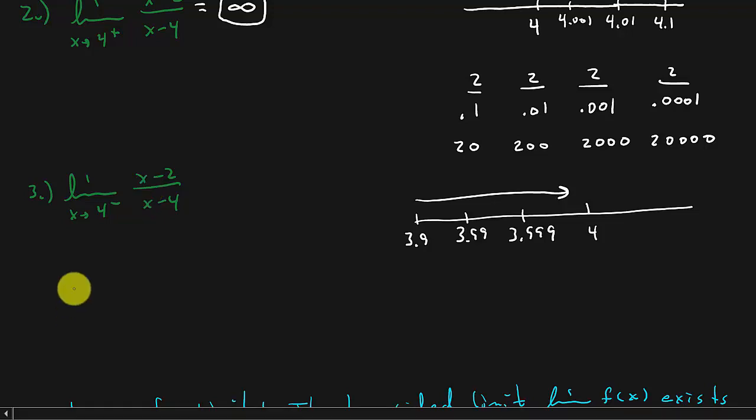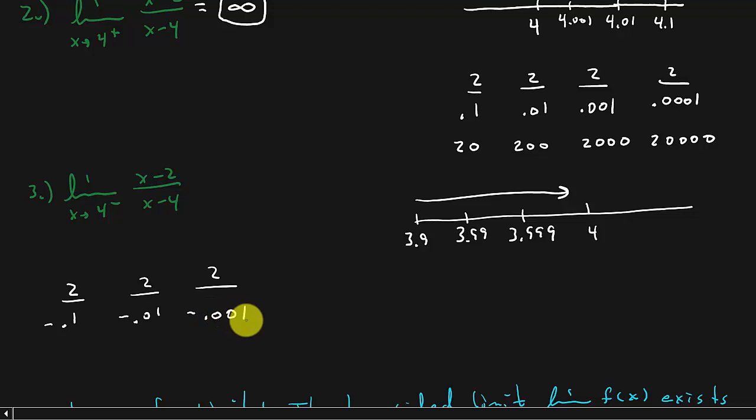So the same thing there. We can pretty much say the numerator is going to be right there at 2. Well, 3.9 minus 4 is negative 0.1. 3.99 minus 4 is negative 0.01. And 3.999 minus 4 is negative 0.001.